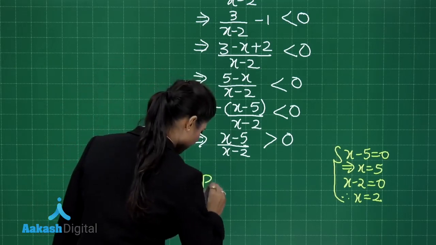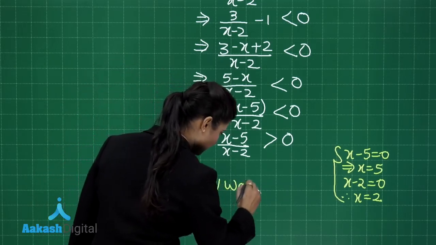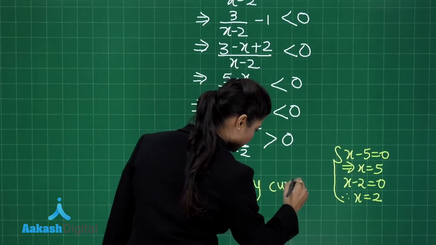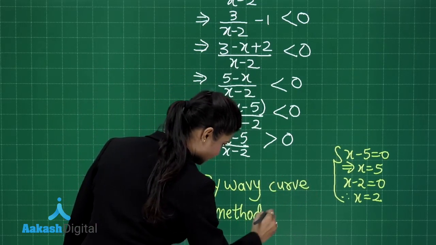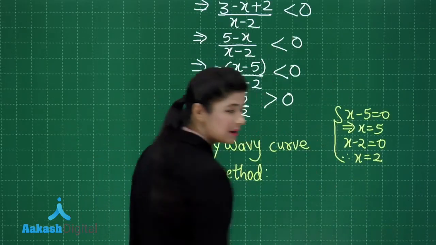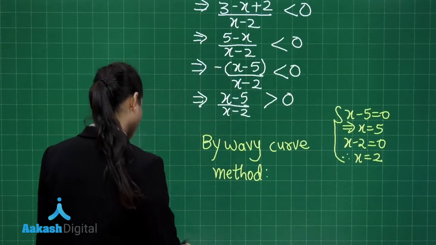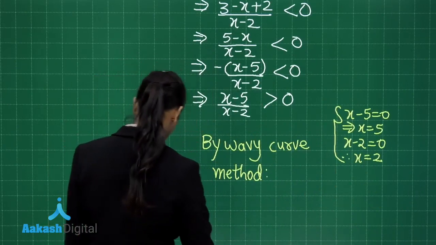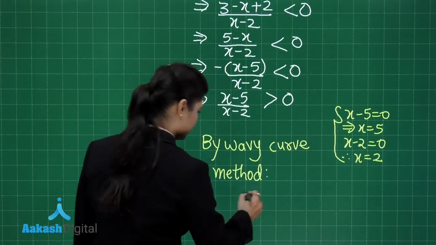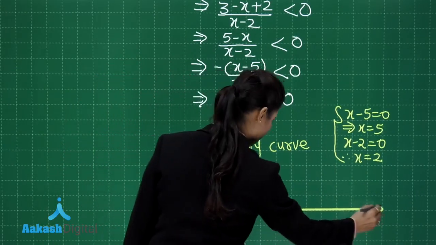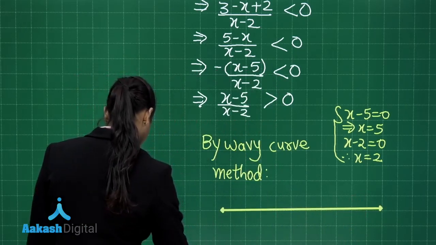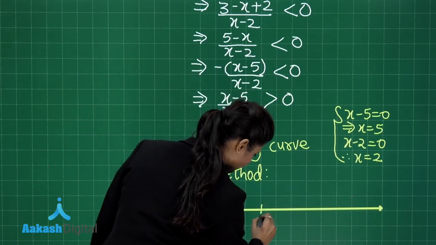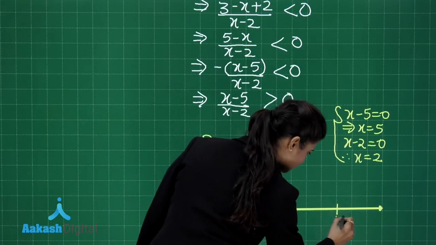So by the wavy curve method, we have here the number line, okay. So I'll be putting here the number line in order to represent these critical points. So on this number line, I have two critical points, 2 and 5.